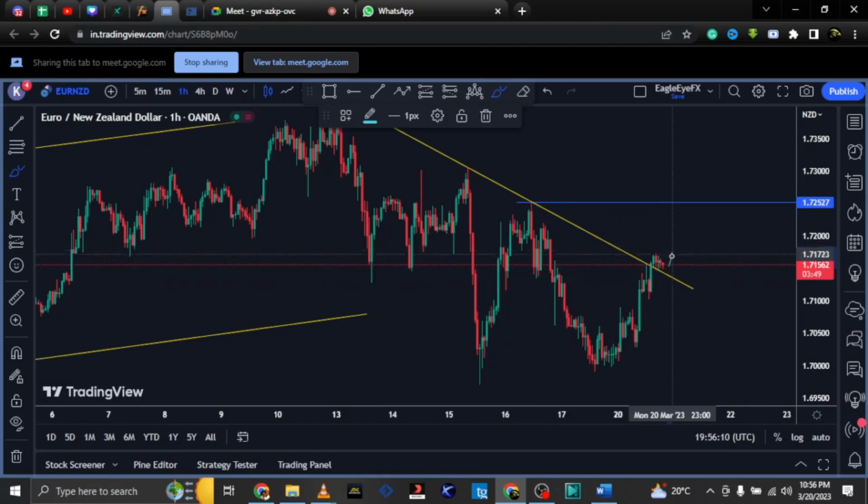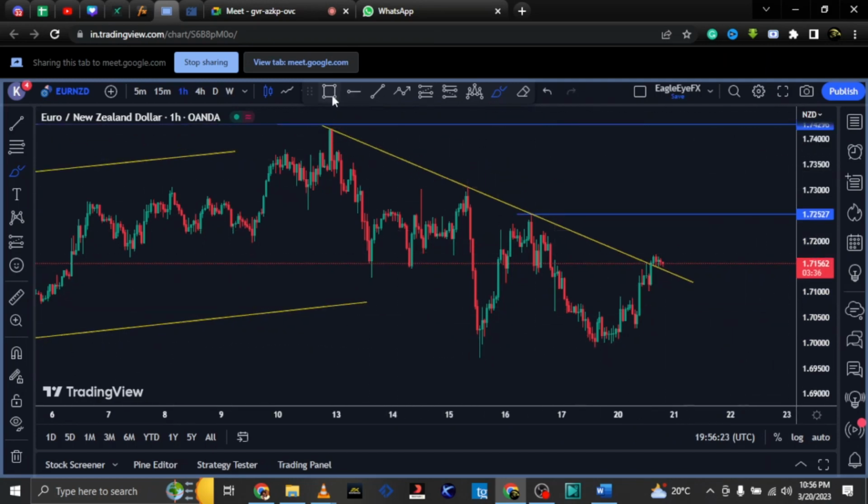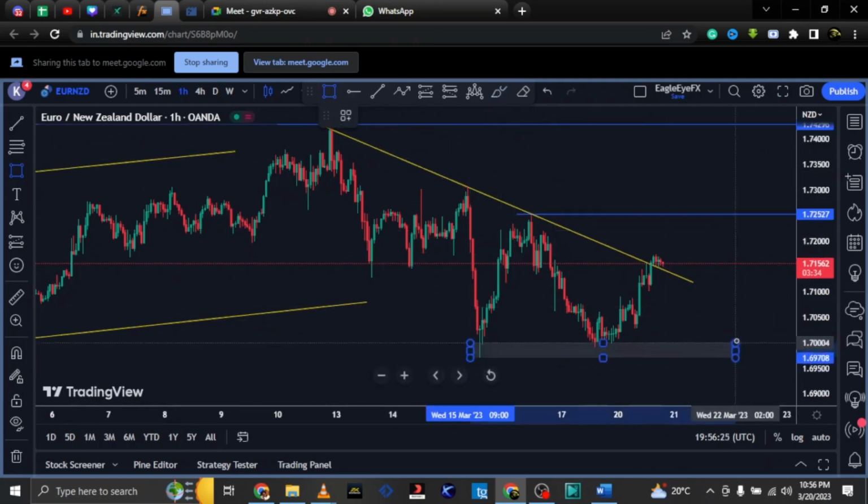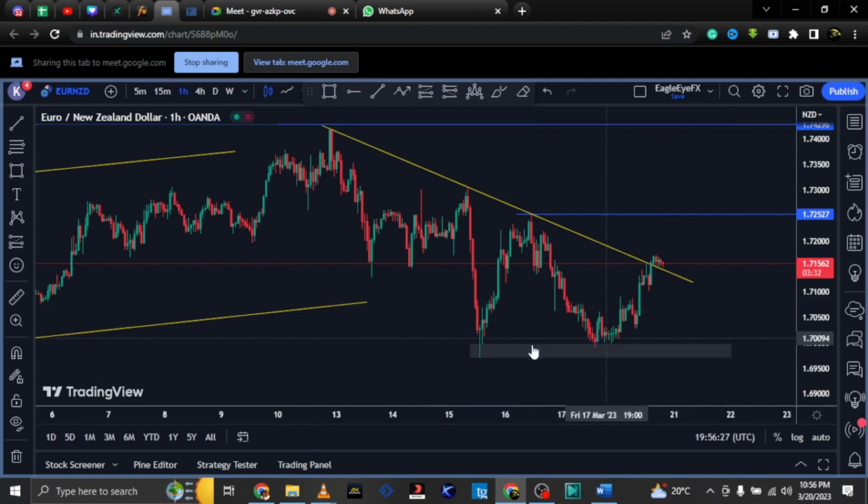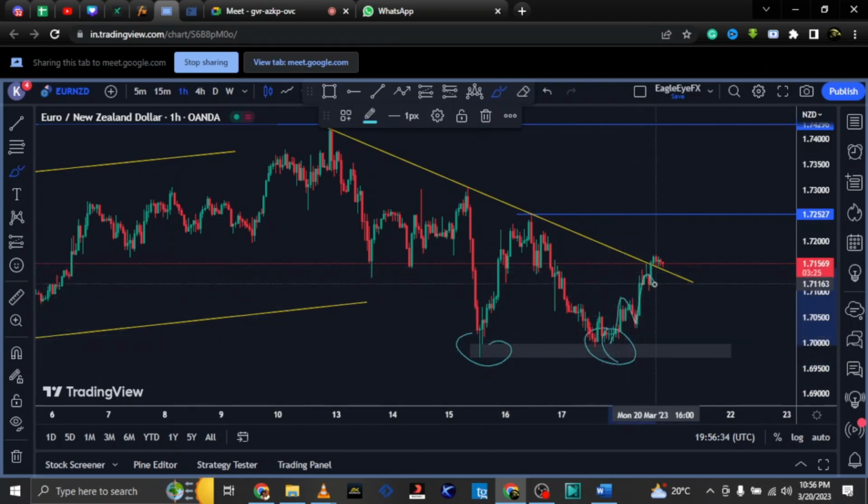So maybe we could hit these buys to this level, and if it confirms the sells, then we can take them. Also, you see we are coming from an area of a double bottom. We have this double bottom over here. Impulse move, correction, impulse move. There's actually a breakout, so we want to see how this one plays out before we carry on.